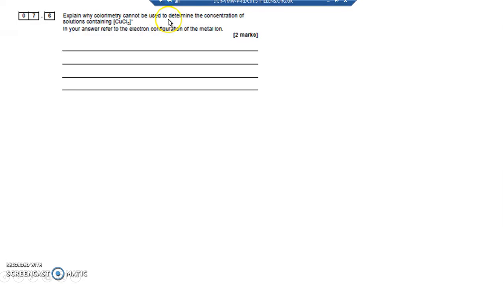Explain why colorimetry cannot be used to determine the concentration of solutions containing CuCl2-. Well, colorimetry is used to test for coloured ions, usually transition ions. And transition ions are usually coloured because they've got incomplete 3d shells. So if you've got an incomplete 3d shell, a 3d shell that's not full, then they'll absorb visible light.